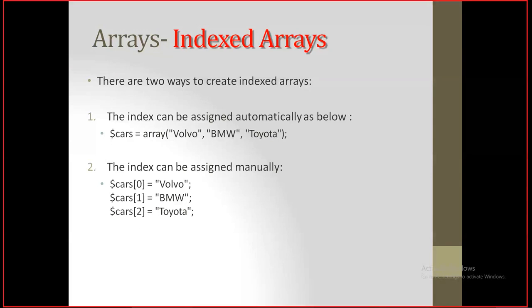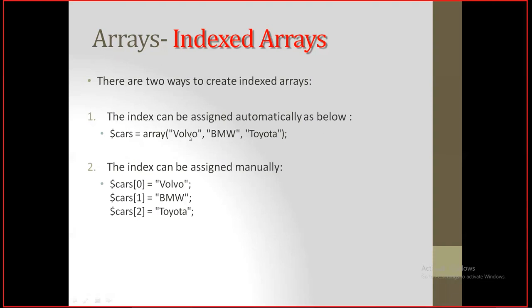Now, as I told, in indexed arrays we will have numeric values as index, right? 0, 1, 2. So while creating an array, here we are creating an array cars, and whatever array is created by the array function is assigned and identified by the name cars, whatever you specify here as the array name, right?